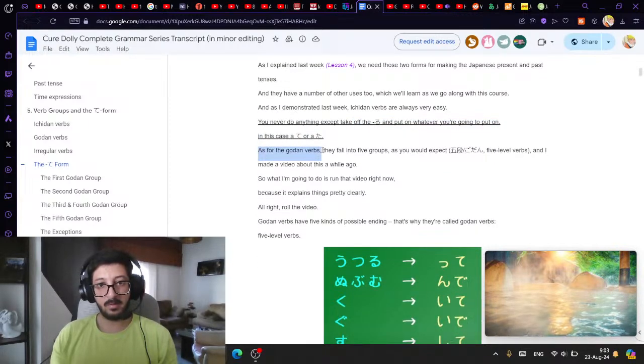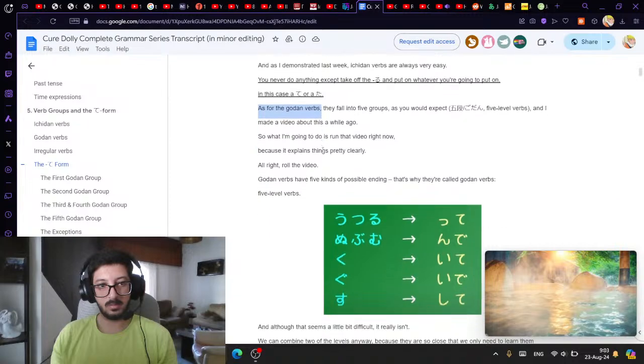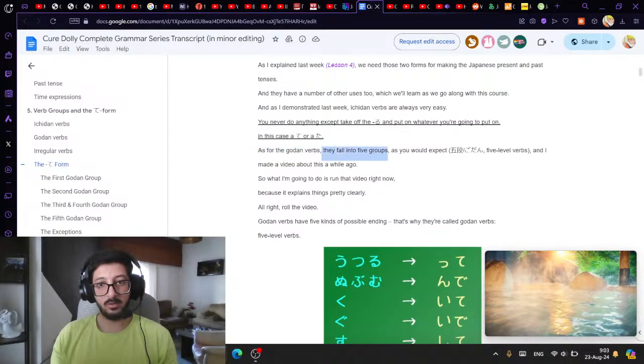As for the Godan verbs, they fall into 5 groups. As you'd expect, go, da, Godan. Godan, five level verbs.